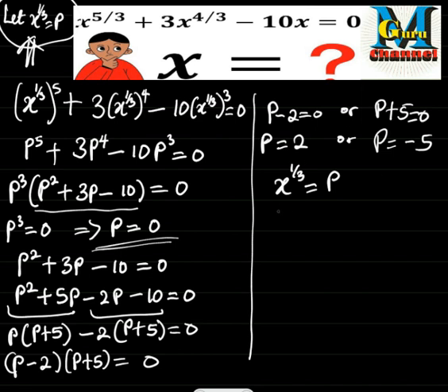If p equals 0, we have x raised to the power of 1 over 3 equal to 0. If we cube both sides of the equation, we're going to have (x raised to the power of 1 over 3) cubed equals 0 cubed. And this will give us x equal to 0. That is 1.